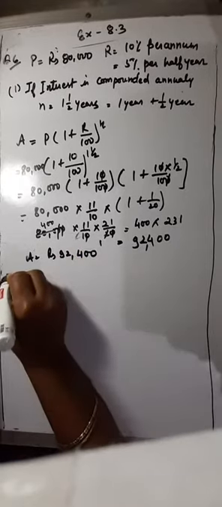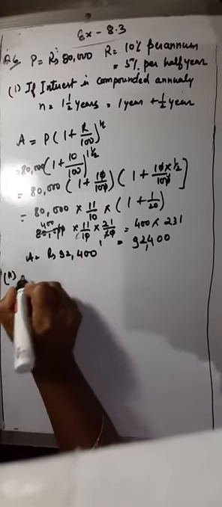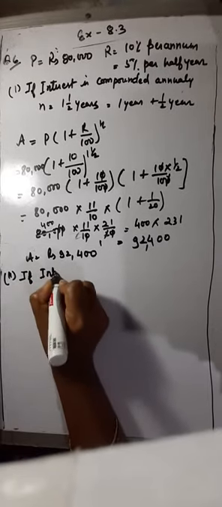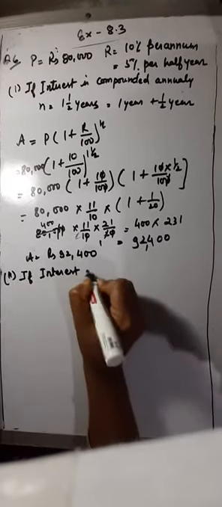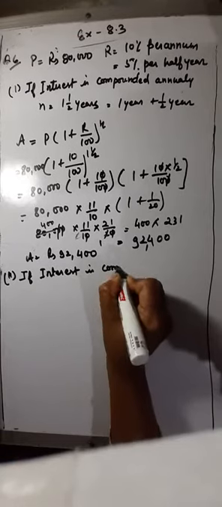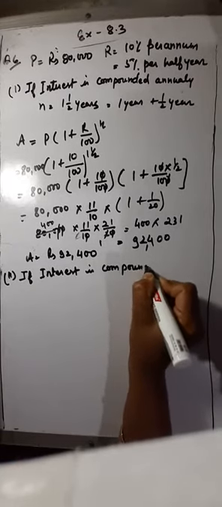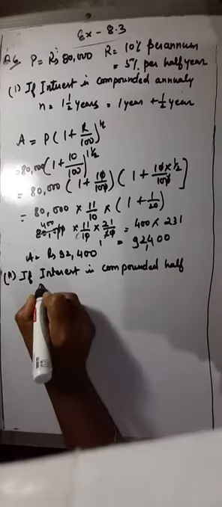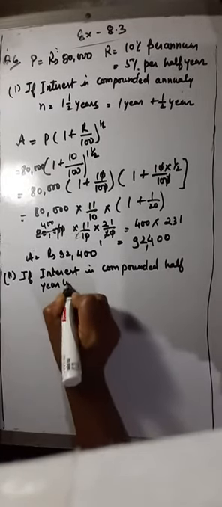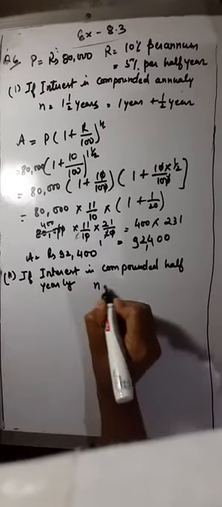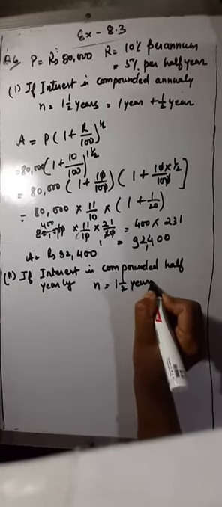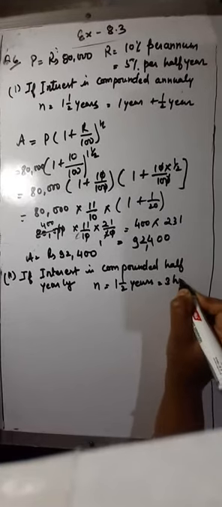Second, if interest is compounded half yearly, then n is equal to 1.5 years is equal to 3 half years.